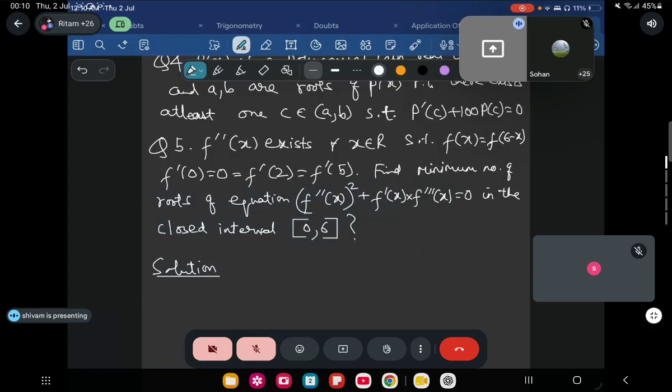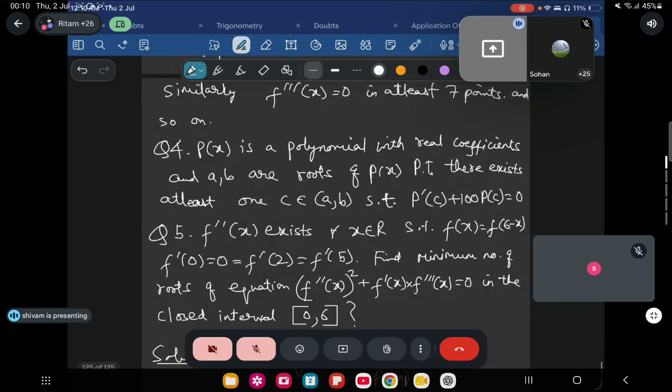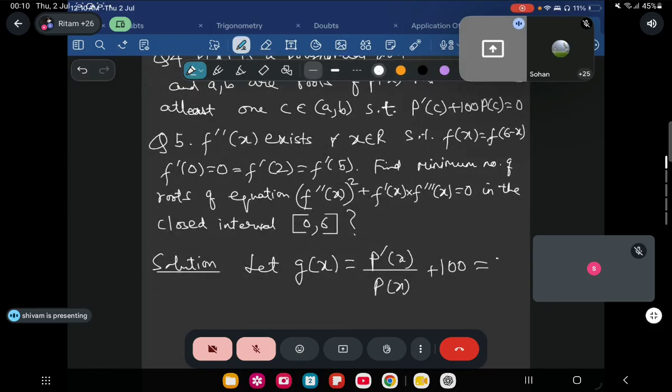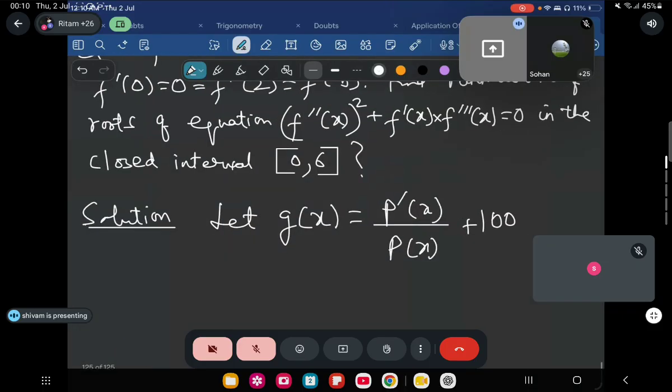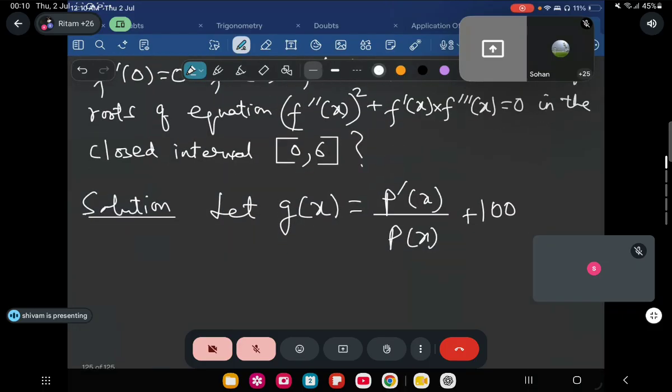Okay, so everyone, over here, let g of x be equal to p dash x upon p of x plus 100. I've divided by p of x on both sides, which will be equal to 0. So I've taken g of x equal to p dash x by p of x plus 100.